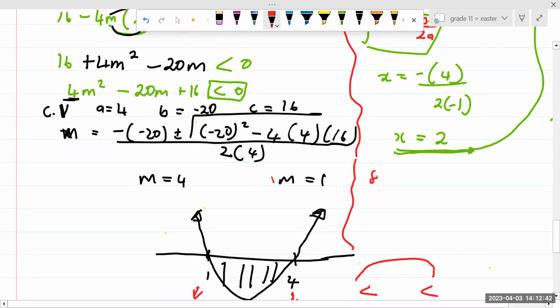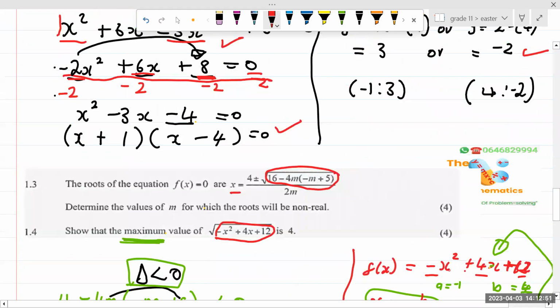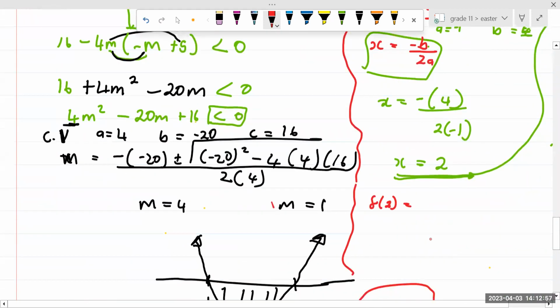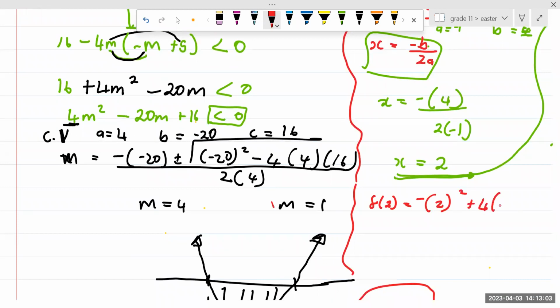So to find the turning point, you have f of, instead of x, you put 2, meaning everywhere I see x, I'm going to put 2 in this formula. Then you have minus open bracket 2 all squared plus 4 multiplied by 2 plus 12.